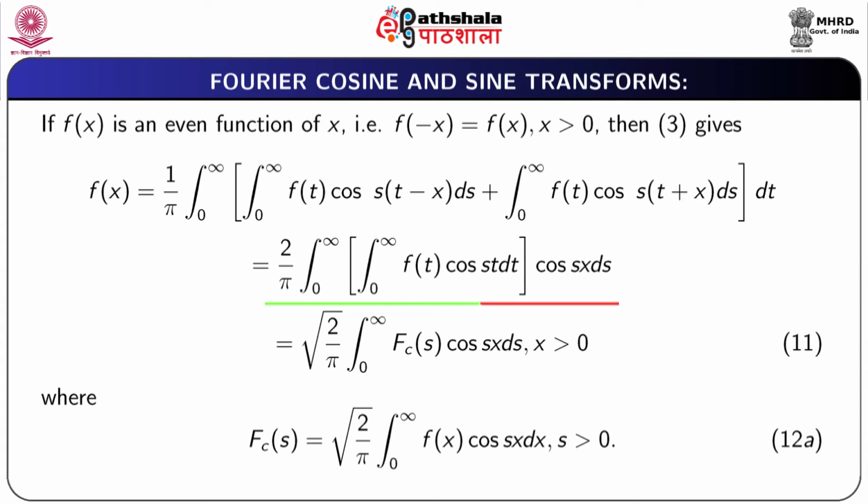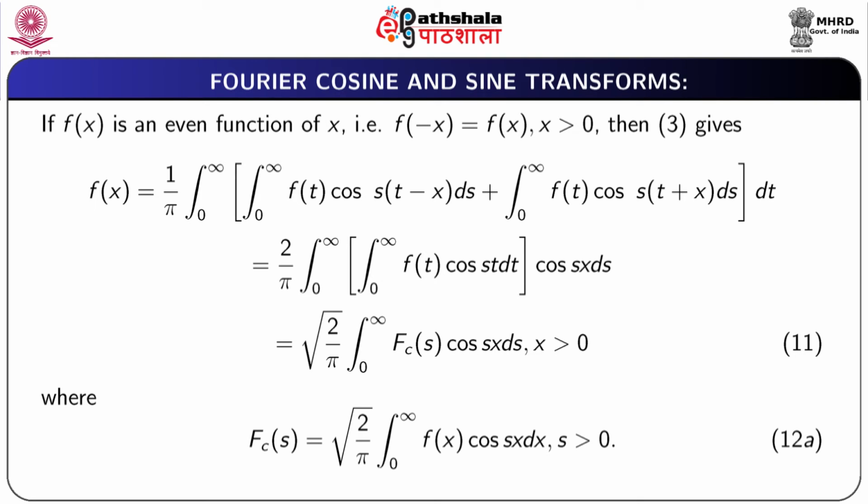[∫ cos st f(t) dt] cos sx ds, which is equal to √(2/π) ∫ from 0 to ∞ F_C(s) cos sx ds for x positive.